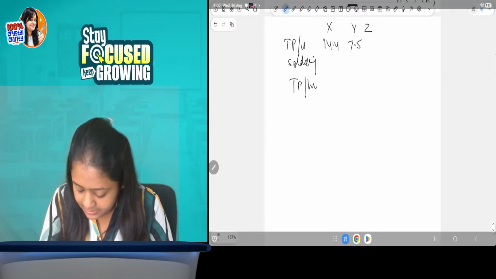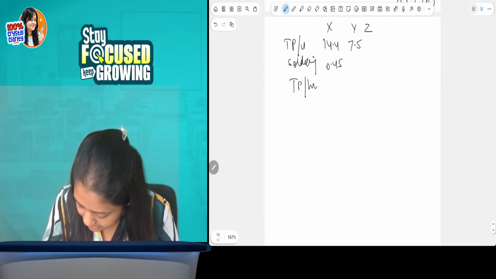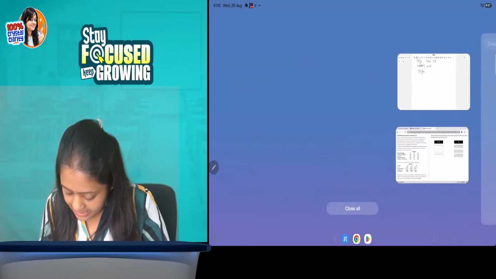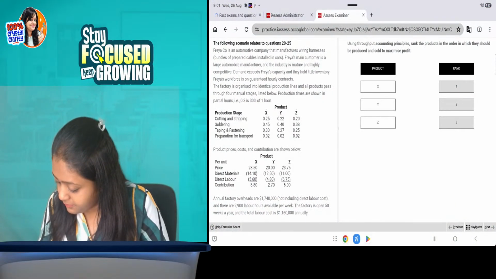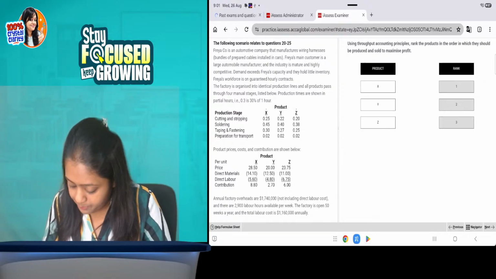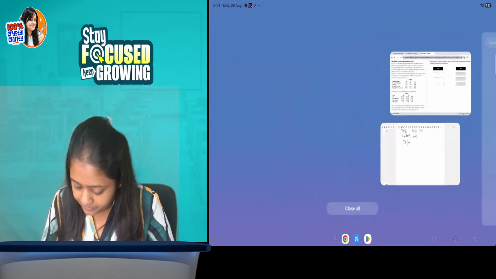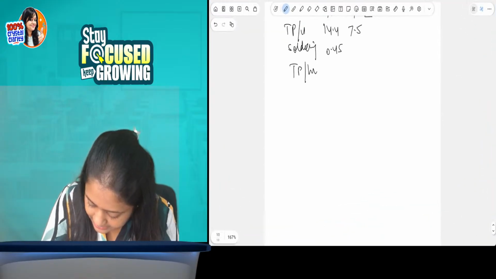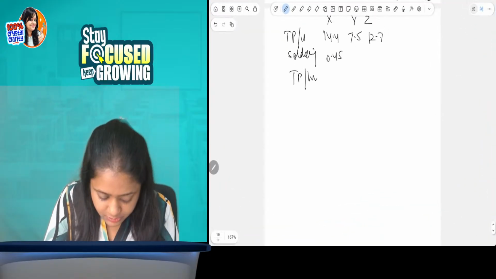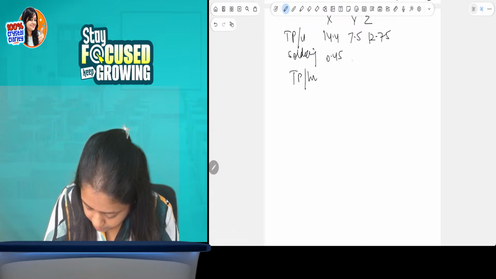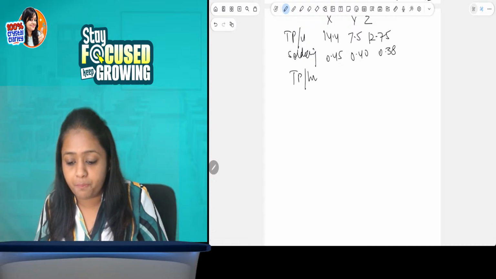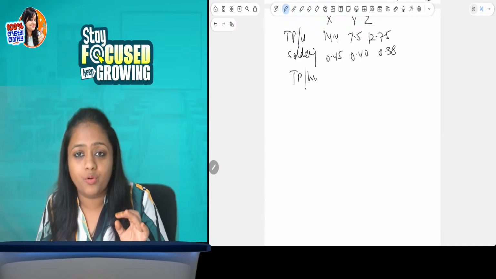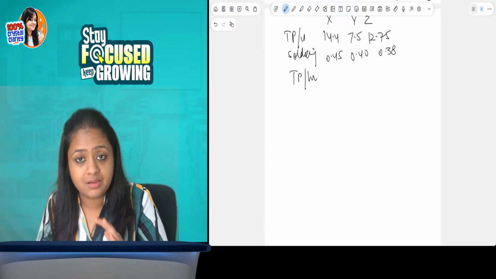And the third one is 23.75 less 11, which is 12.75. Let's write down the soldering figures: 0.45, 0.4 and 0.38. Now divide and get throughput per hour. This is how you will achieve the correct answer.